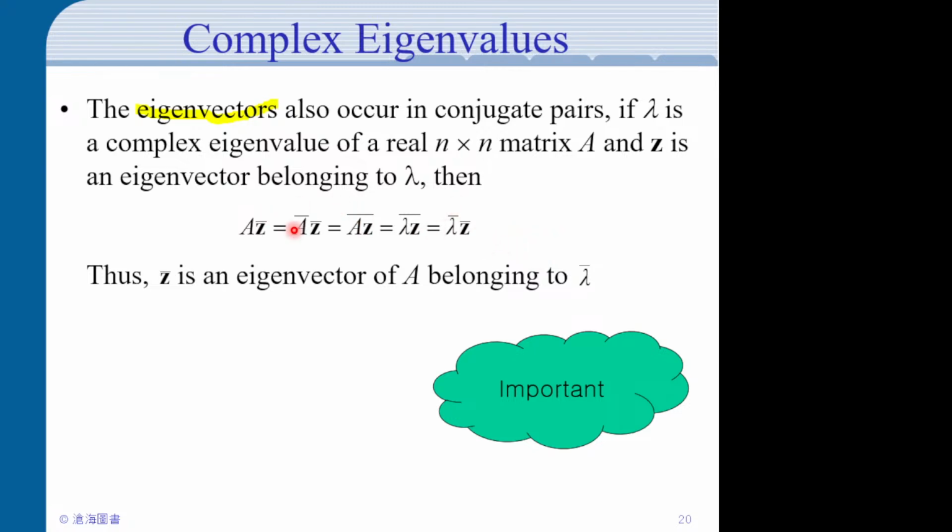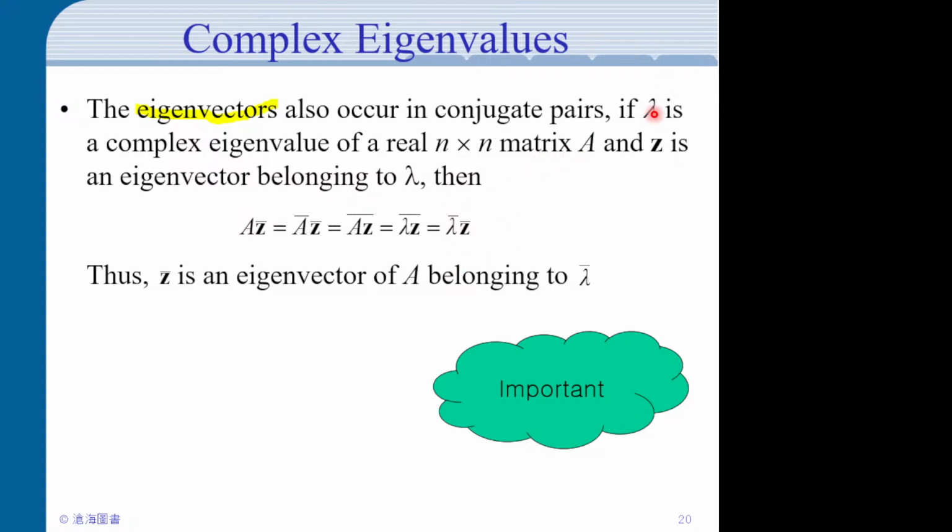So you see that we go from here to here, then you see z bar is the eigenvector with eigenvalue lambda bar. So complex eigenvalues are annoying, but I guess here is something good about it. You find one of them, you also find the other one.